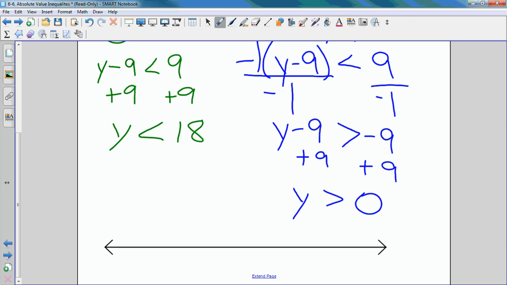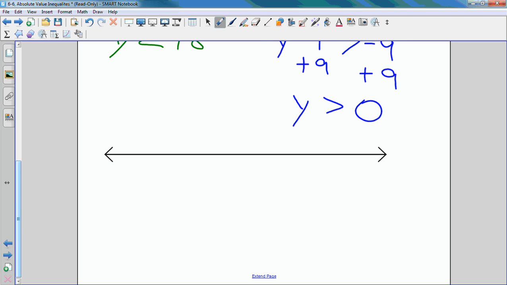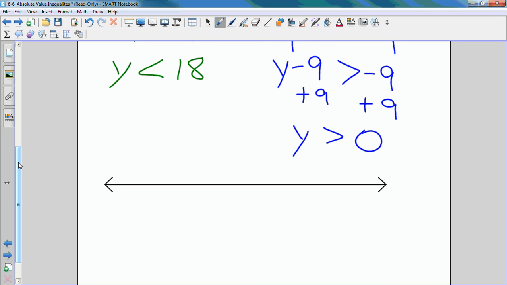So once I make this, I graph both of those inequalities. Is it going to be an and or an or? Well, let's graph it. Here's a 0, and here's 18. This one, y is less than 18. So I have an open dot, and it's going this way, correct? Or y is greater than 0, so I have an open dot, and it's going this way.